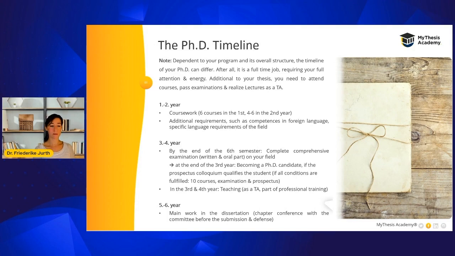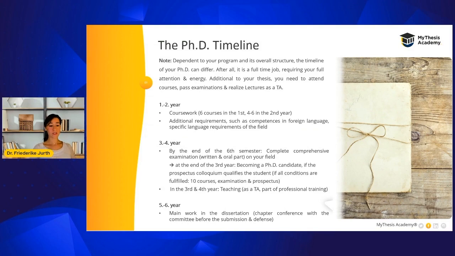Then there are also some additional requirements, such as competences in foreign languages, or that you improve your skills in foreign languages, and also specific language requirements of your specific field.